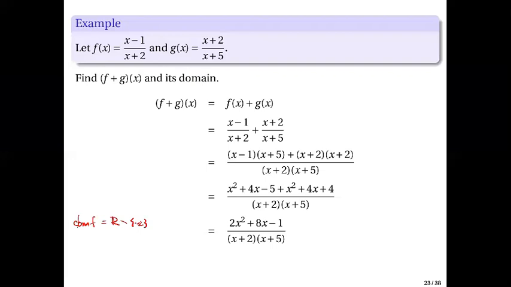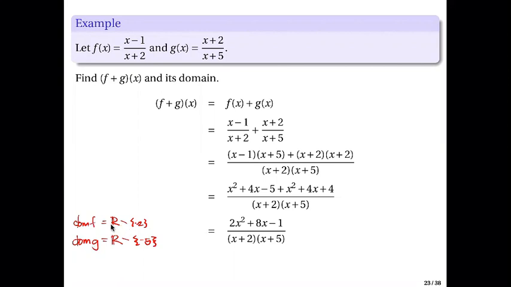And then you have the domain of g. This is the set of real numbers except negative 5. Correct? So for the domain of f plus g, we get the intersection of the domain of f and the domain of g.